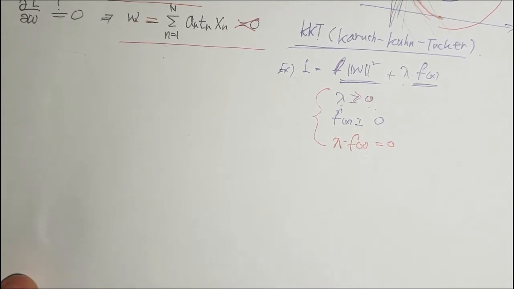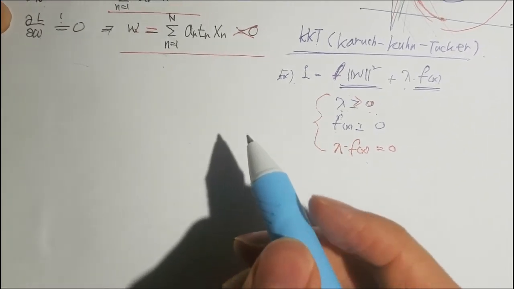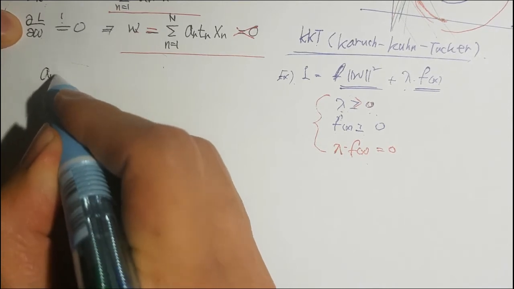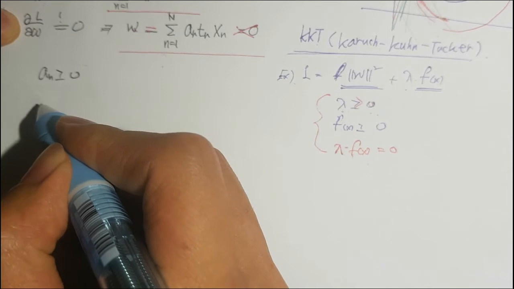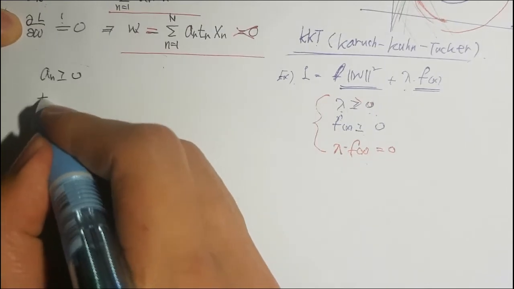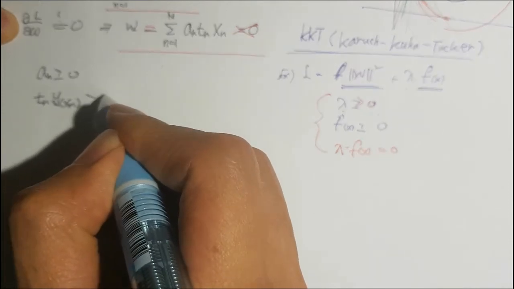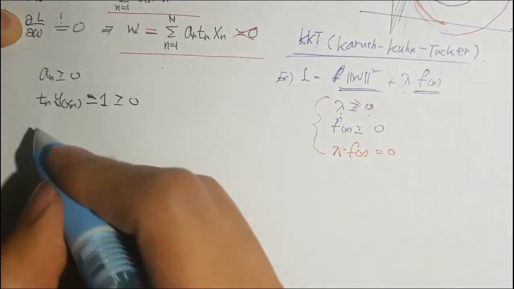So in our case, importantly, the Lagrange multiplier should be equal or larger than 0 on our constraint function. This one should be equal or larger than 0.